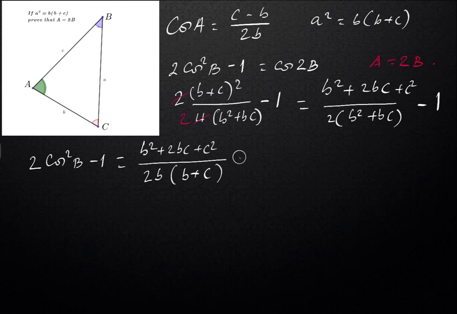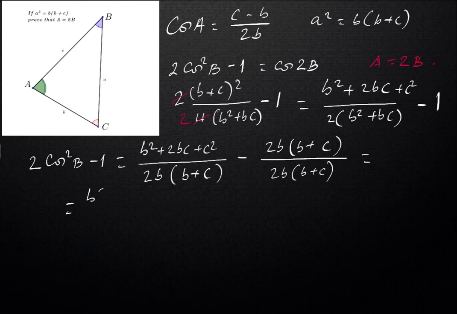And then minus 1. Minus 1 here, we can put the same denominator now. That becomes minus 2B, factor in B plus C, over 2B, factor in B plus C. So we have the common denominator now.